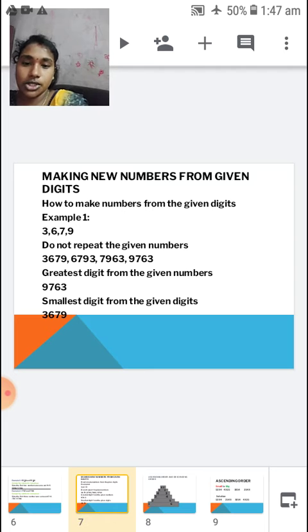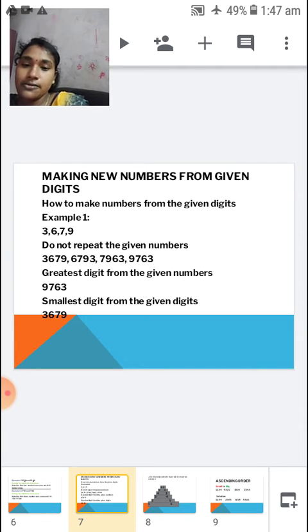Now we shift 6 from the first place to the last place. Then we get 7, 9, 6 and 3. And the last number we get is 9763.